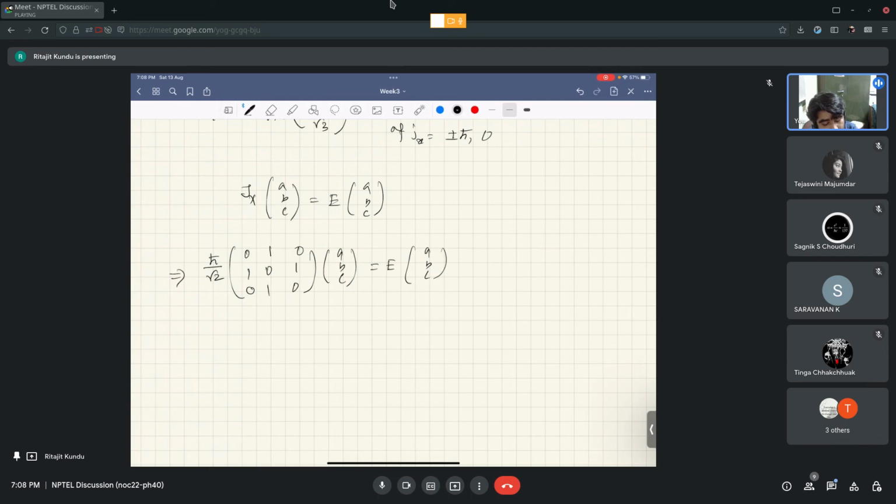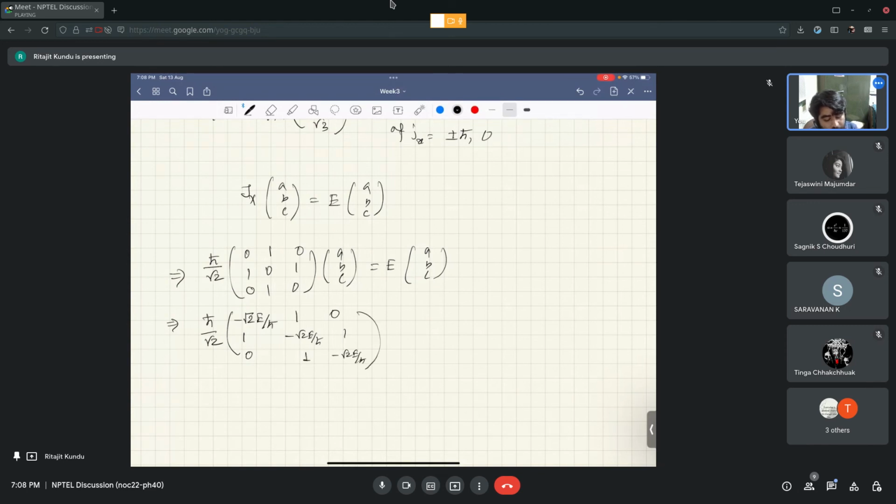I can bring the E to the left hand side, then it becomes minus square root 2 E by h bar on the diagonal: rows (minus square root 2 E by h bar, 1, 0), (1, minus square root 2 E by h bar, 1), (0, 1, minus square root 2 E by h bar).